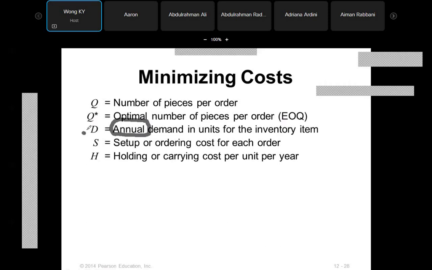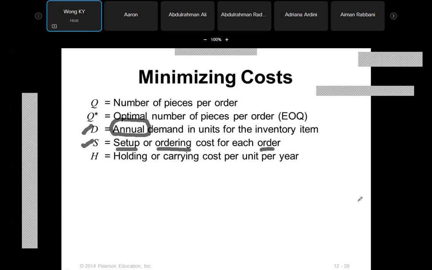So please understand this. Okay, S represents setup cost or ordering cost. I already explained, setup cost is equivalent to ordering cost. So S is the setup or ordering cost per order, for each order. Understand? S is not the setup or ordering cost for the total year.